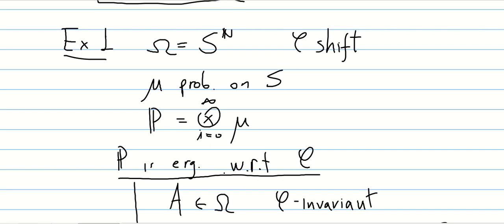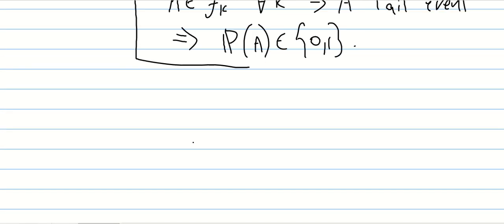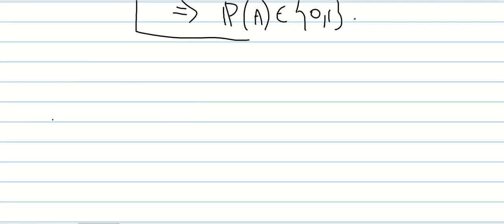So what we're going to do now is just give a few other examples of ergodic measures that are not products, so that you understand why we are interested in giving results that hold for ergodic measures as a hypothesis. So we're going to give more examples.